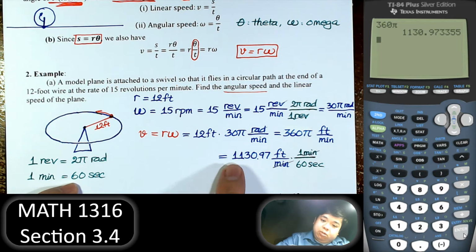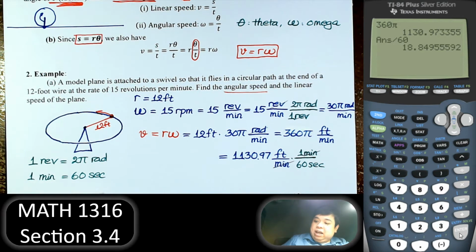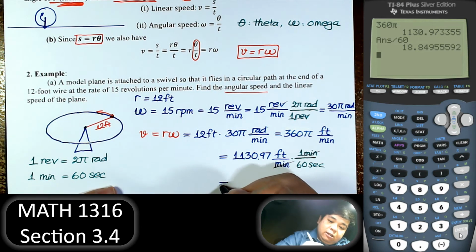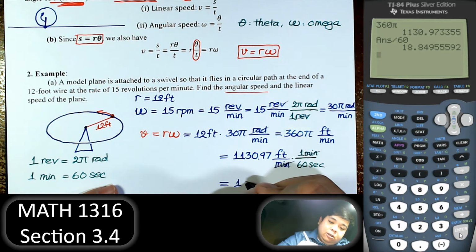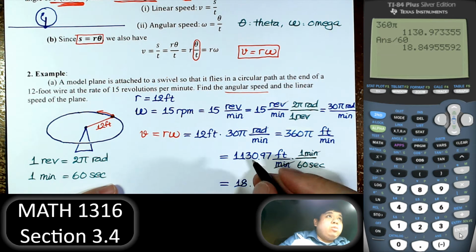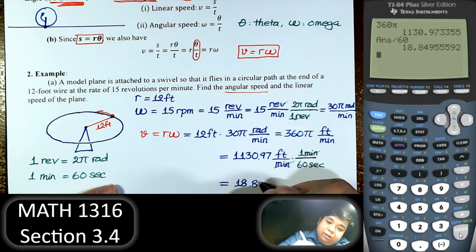And then we do the math. That divided by 60, and we have 18.85 feet per second.